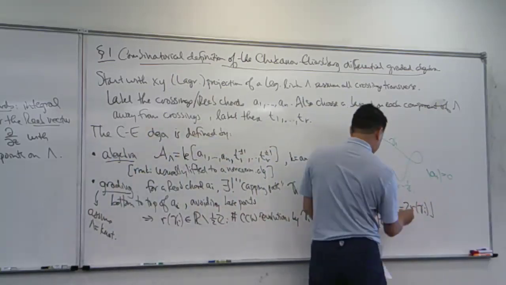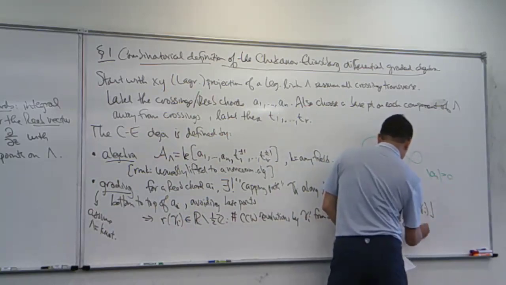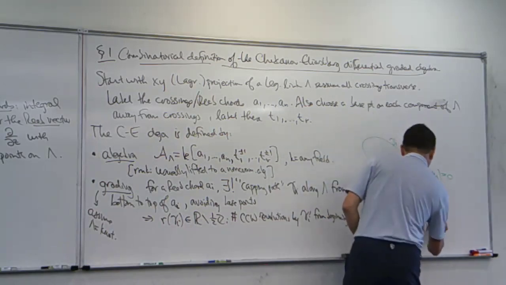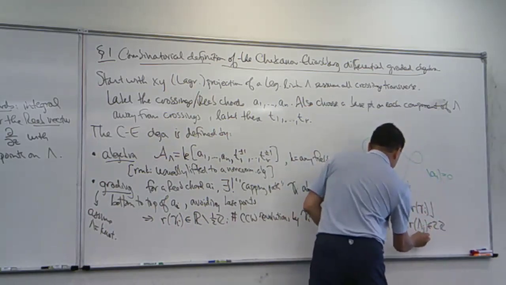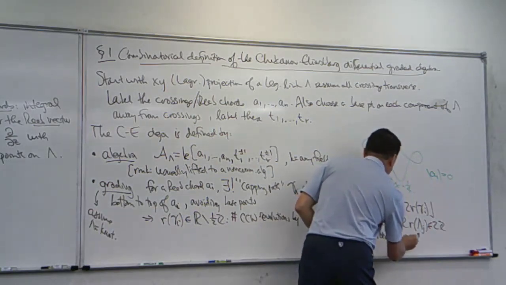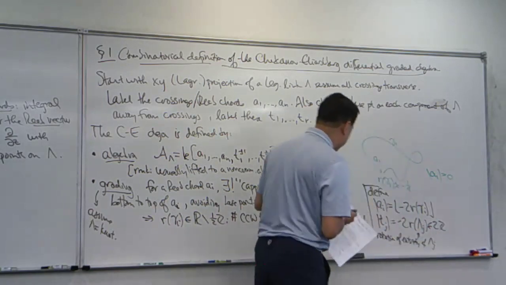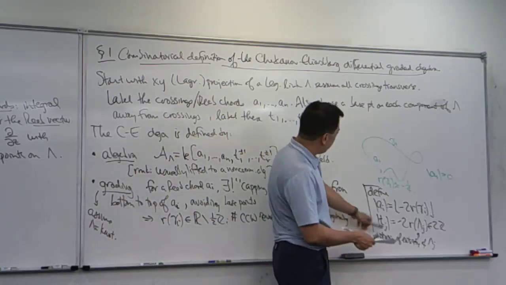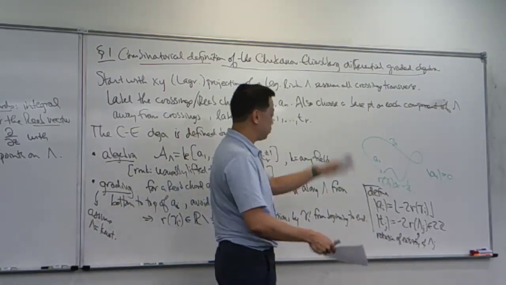So t_j, by definition, is minus twice the rotation number of the entire component lambda_j. For each component lambda_j, you can get a path like this, just go all the way from the base point back to itself.